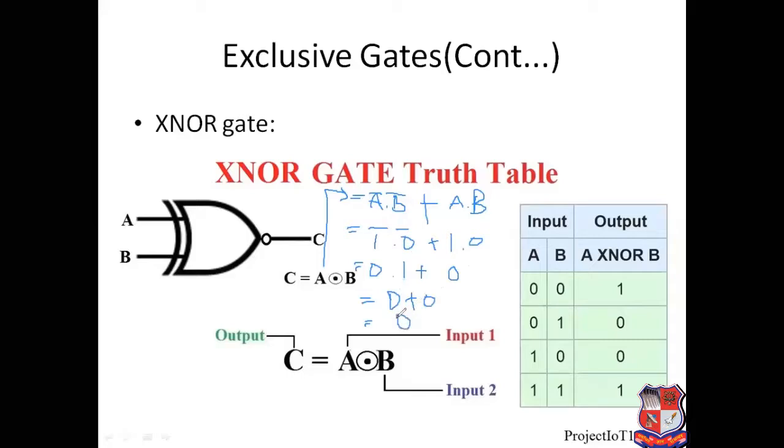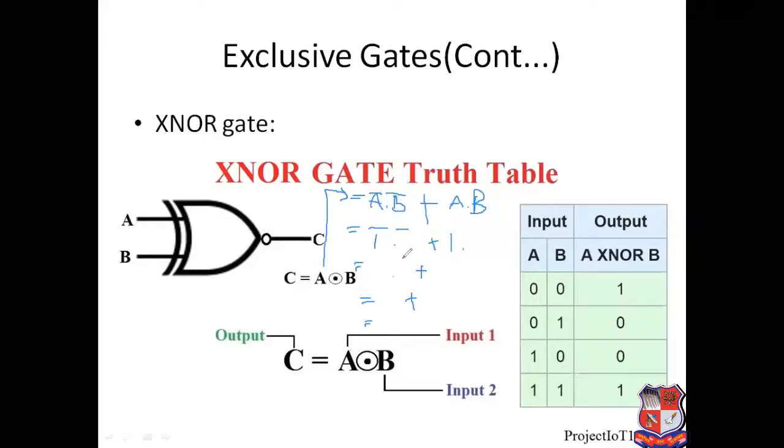So it is the final answer if my inputs are 1, 0. Now we will check if both my inputs are 1, then what should be my output.